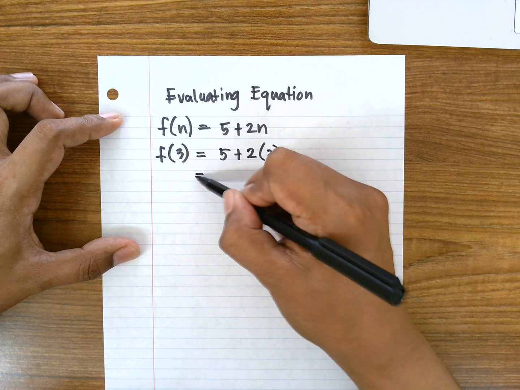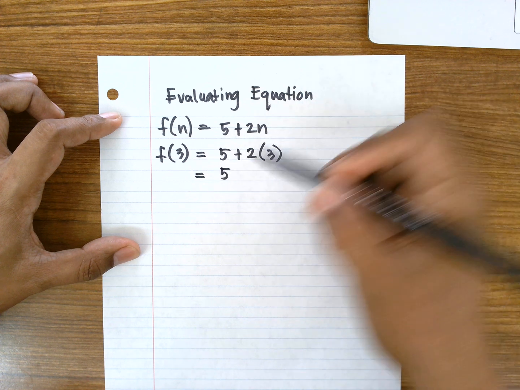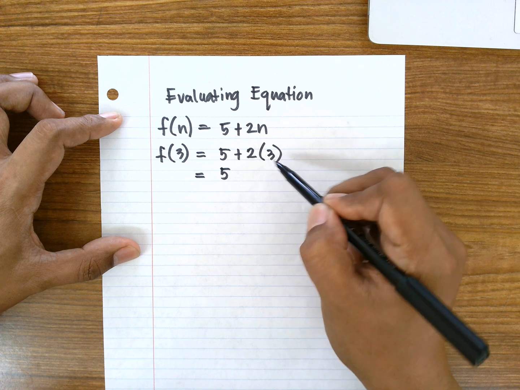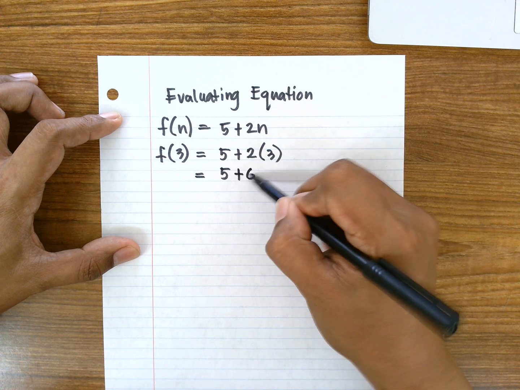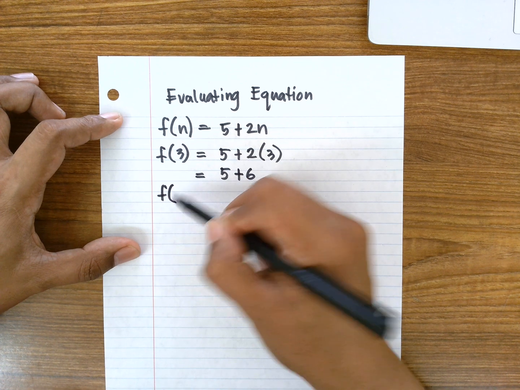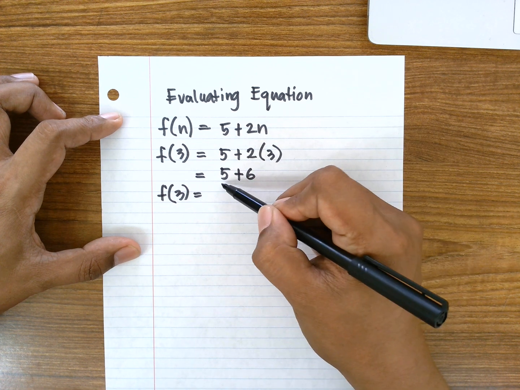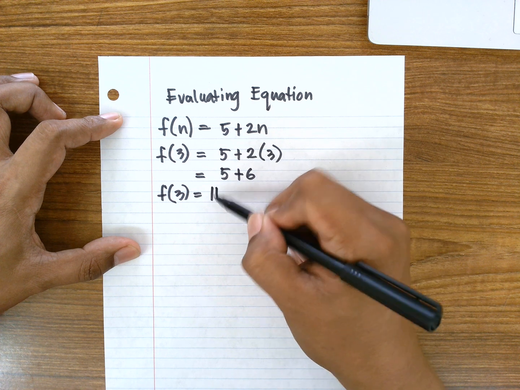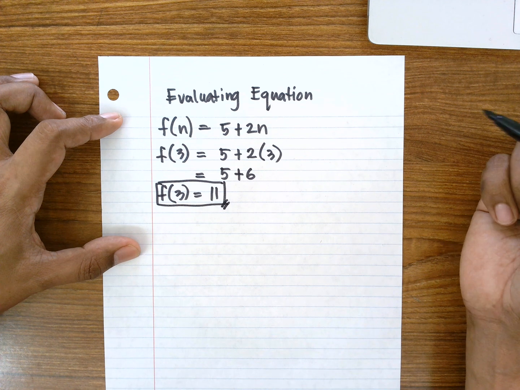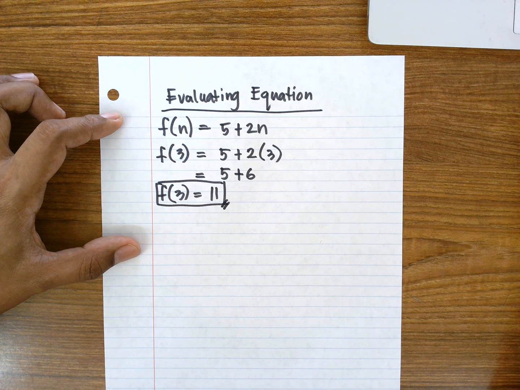So we have 5 plus 2 times 3, and positive 2 times 3 will give you positive 6. So to get the value of our equation when n is 3, that is 5 plus 6, which will give you 11. This 11 is the value of our equation. That's why this is called evaluating an equation.